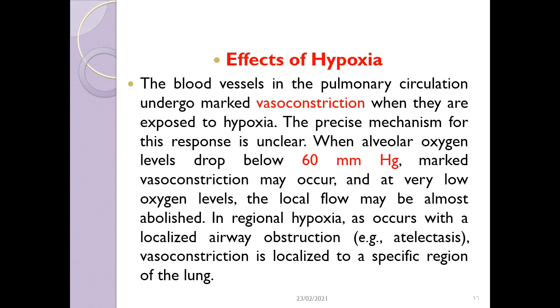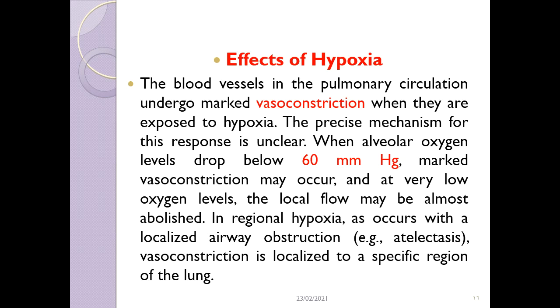For example, when the alveolar oxygen level drops below 60 millimeters of mercury, there will be a marked vasoconstriction, and at a very low oxygen level, the local flow may be almost abolished. It will stop at the site when there is hypoxia.